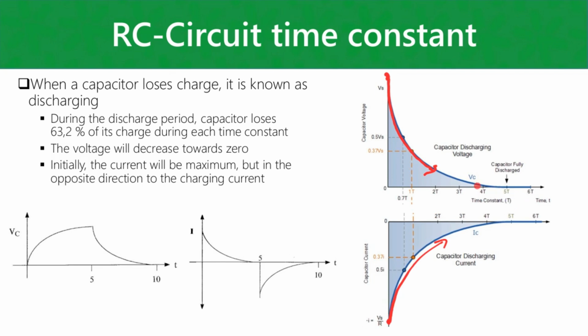Again, the same rules are applicable here in terms of time constant as we had with the charging circuit. So during discharging, when the capacitor has lost 63.2% of its charge, that happens at one time constant, as we can see there.